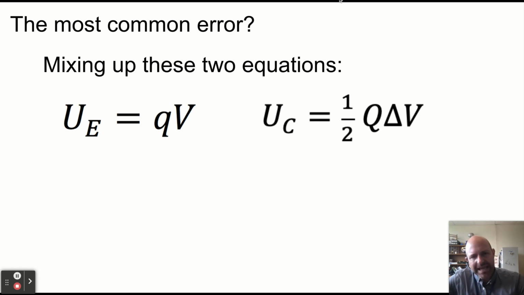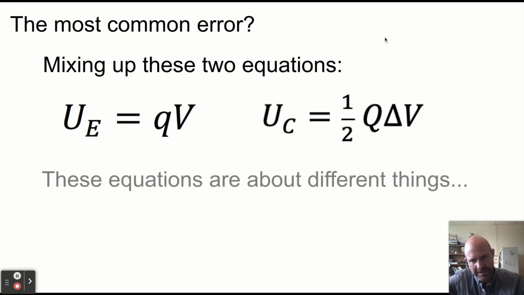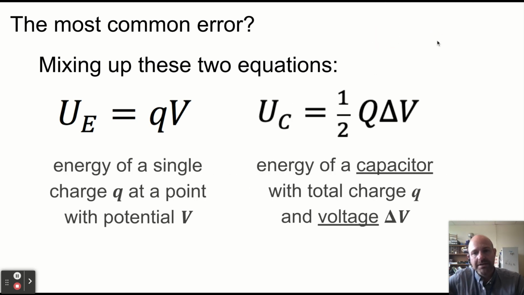But UC is the amount of energy it took to charge up, or that could be stored in a capacitor by putting the amount of charge in there to get it to that particular voltage. So those are two things, and you just want to be careful: a single point charge with a potential energy, versus a capacitor with a total charge Q and a voltage of delta V. Those are the important things to understand there.